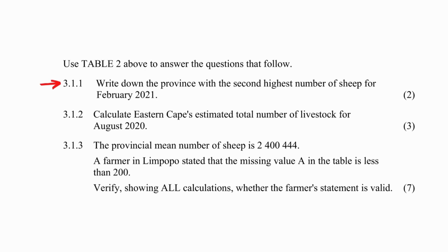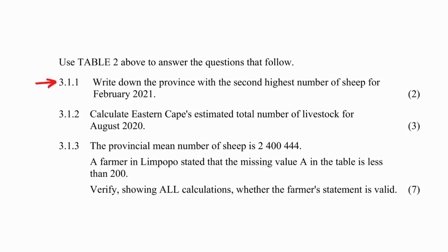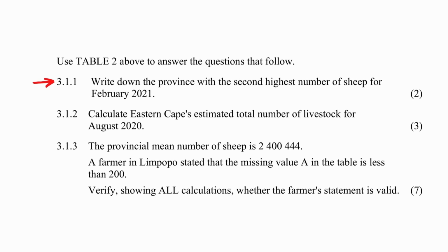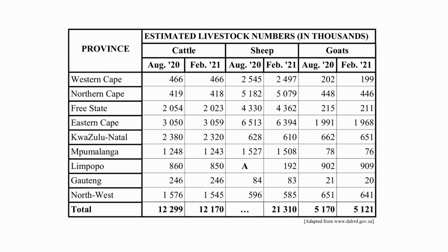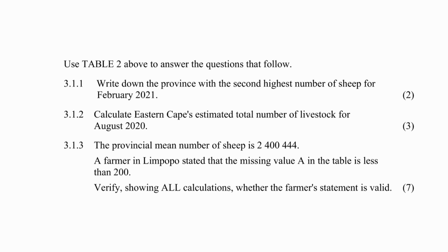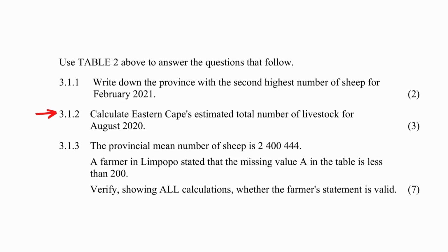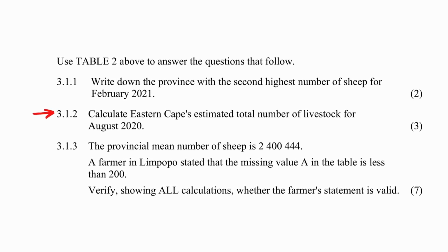In question 3.1.1, you are instructed to write down the province with the second highest number of sheep in February 2021. The province with the second highest number of sheep in 2021 is the Northern Cape. In question 3.1.2, you have to calculate the total estimated number of livestock in the Eastern Cape for 2020.